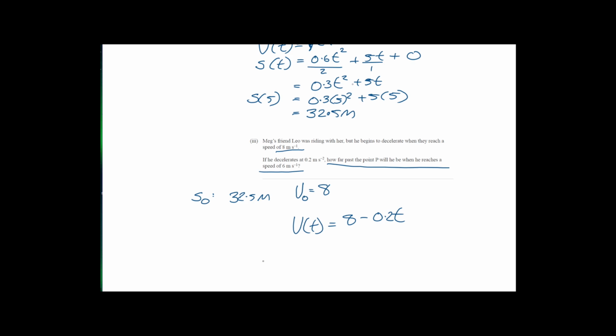So we want to find out how much time will have elapsed when he reaches 6 meters per second.